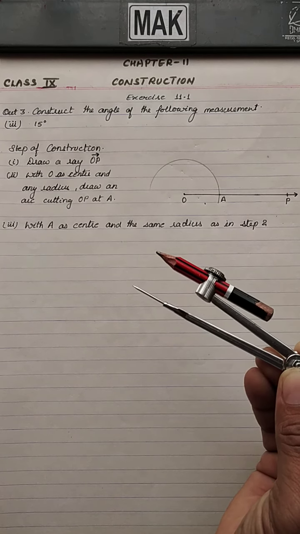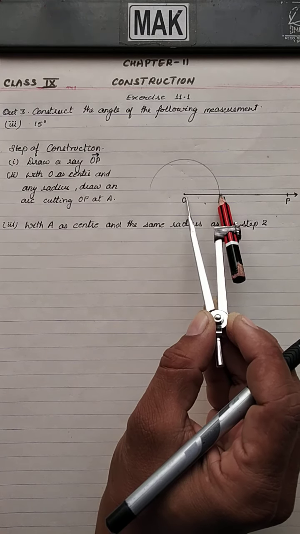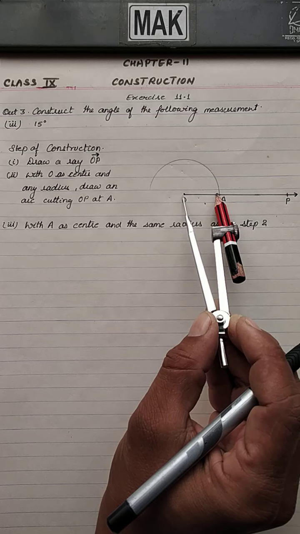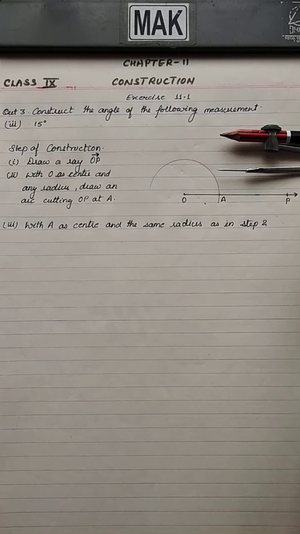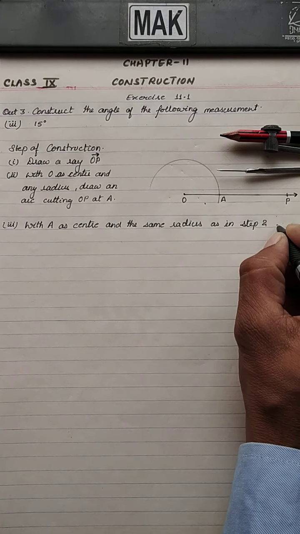You must not change the measurement of this arc. Whatever the distance we have here, that is OA, the same we will take to cut. Is it clear? So draw an arc.